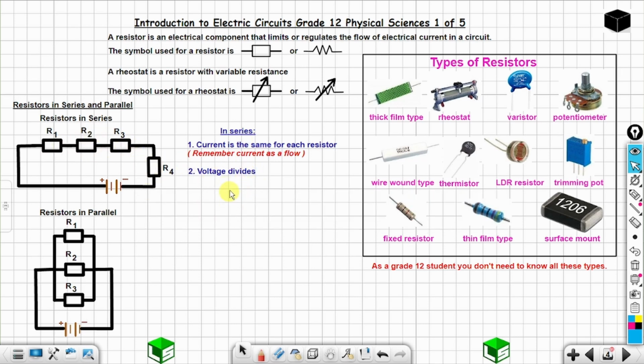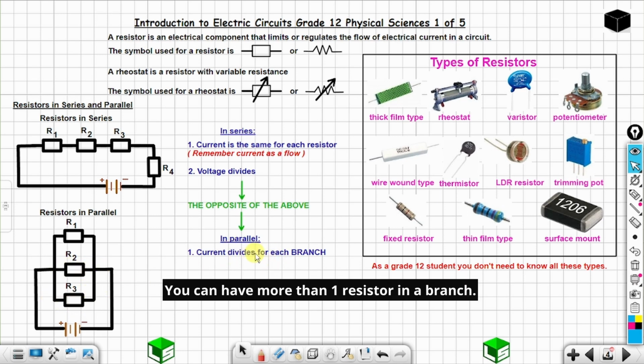Now, in parallel, you are going to have the opposite of what you have above, 1 and 2. So, for a parallel connection, 1, the current divides for each branch. Not the same, but the opposite. This is one branch. This is another branch. This is another branch.